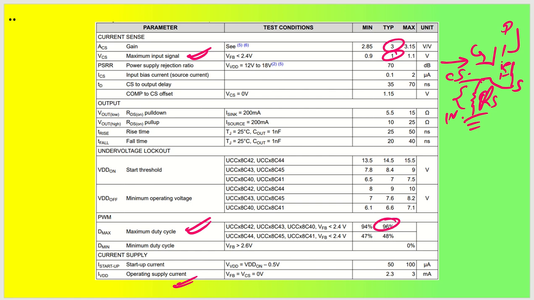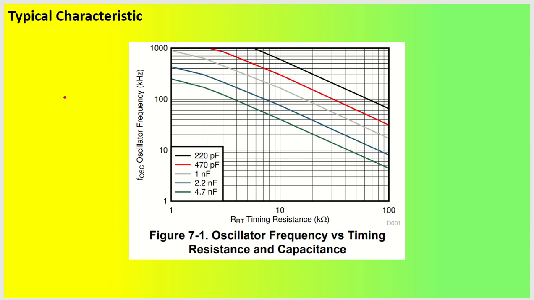Now let us see some of the parameters that we have to set, like what is the graph that we can be using. If you talk about typical characteristics, one is the typical characteristic for output oscillator frequency versus timing resistance and capacitance. So let us say if you want to use 1 nanofarad of capacitor, CCT will be 1 nanofarad, then this curve you can utilize. In this curve you can see what is the resistance that will be required for the oscillator frequency that you want to use.